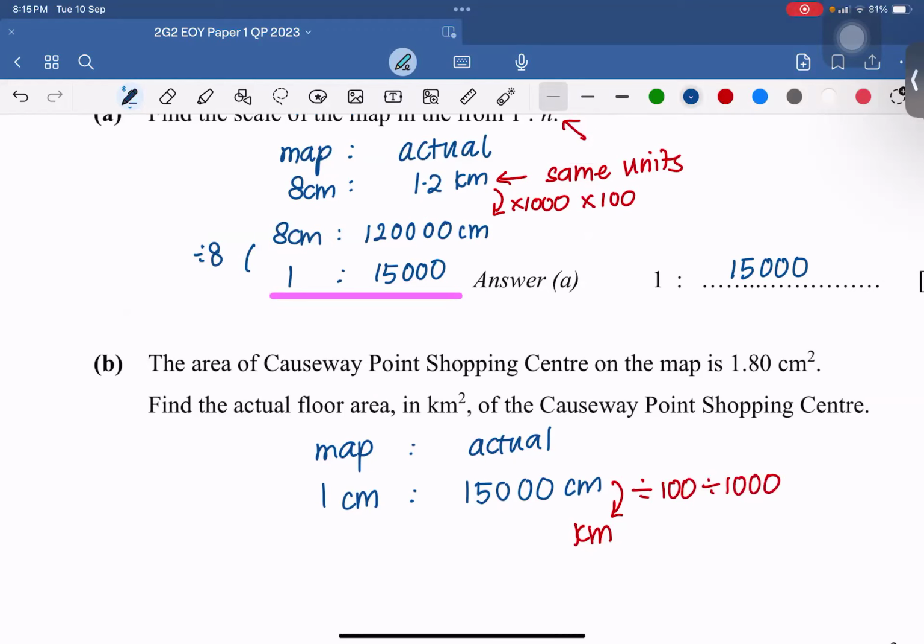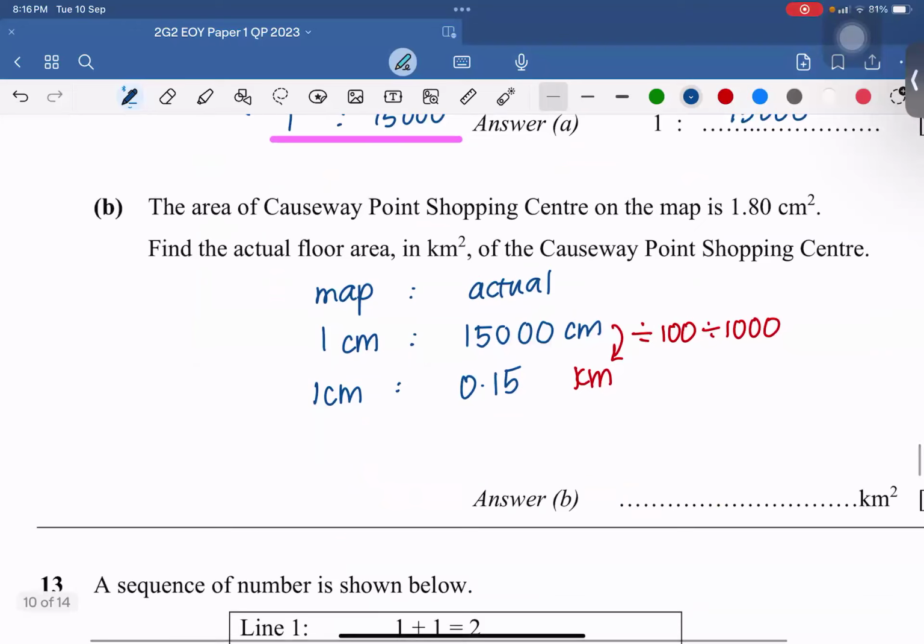So 1 cm is to 15000 divide by 100, divide by 1,000. I get 0.15 kilometers.